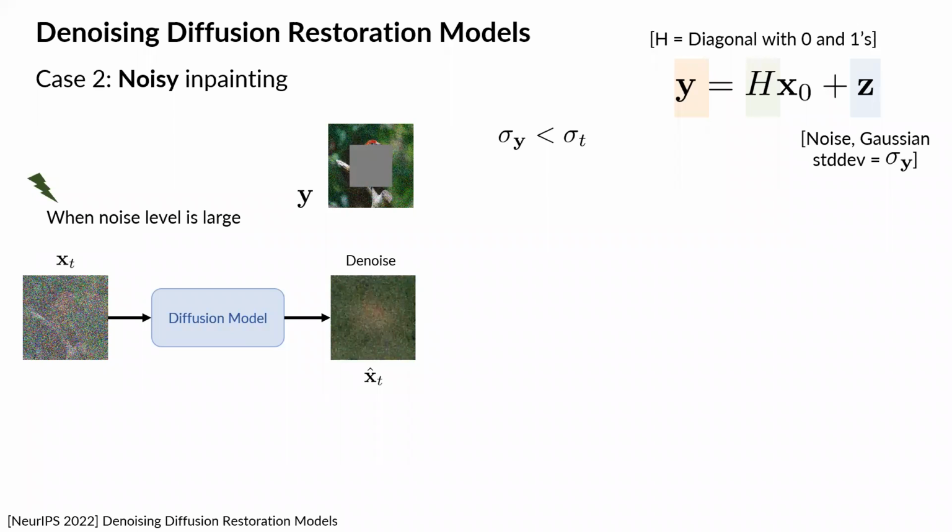We will consider two different scenarios. The first scenario is where our current noise level in the diffusion model is quite large. So we are a bit uncertain about what the image should be. In this case, giving the noisy y actually provides some information on where to guide it, even though it is noisy.